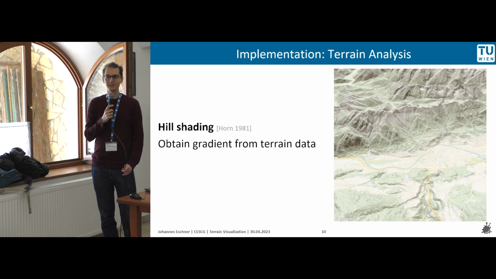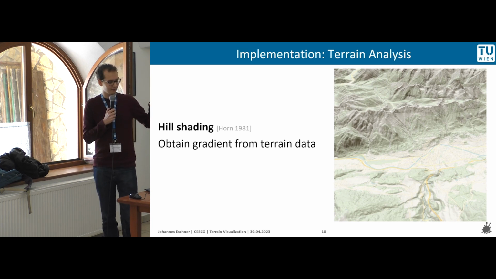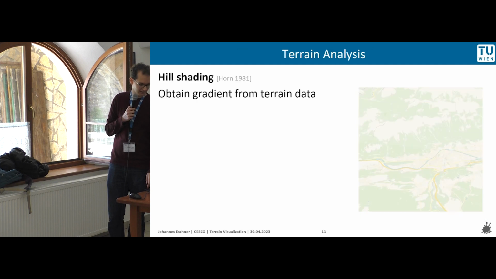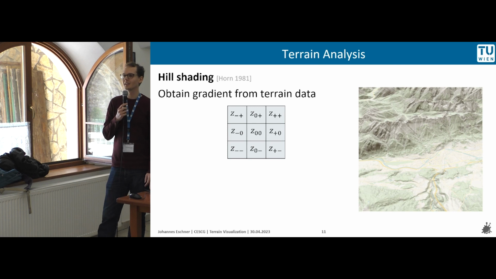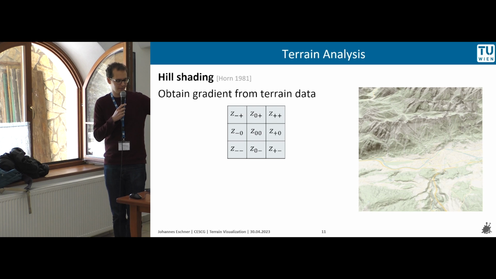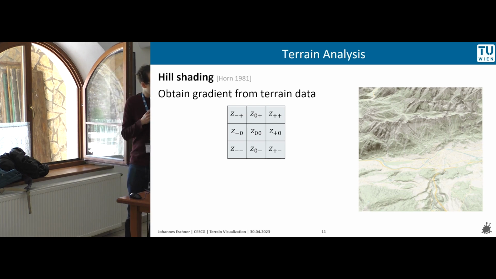And hill shading is a way to obtain this gradient information, and you don't actually need to apply any proper shading as you would when you're rendering the mesh, but you can just obtain these gradients from the height data itself. And for that you basically do a sampling of the mesh, of the terrain pixels, where I'm just looking at the elevations that are the C values here, and for the point C00, I want the gradient.